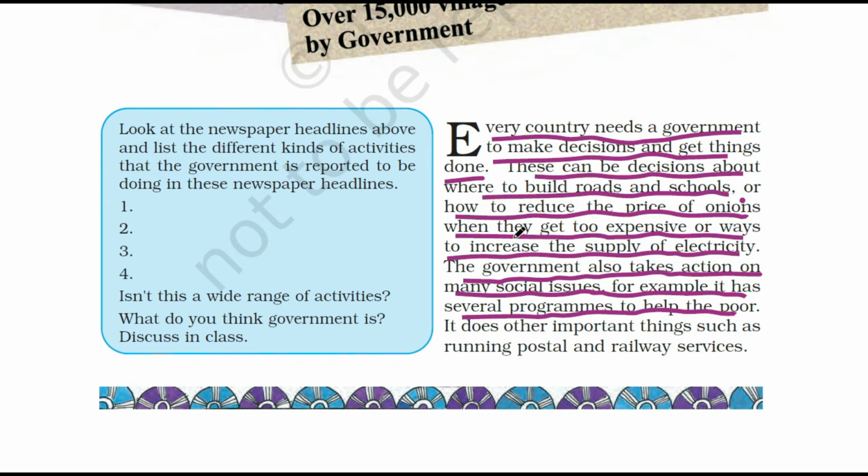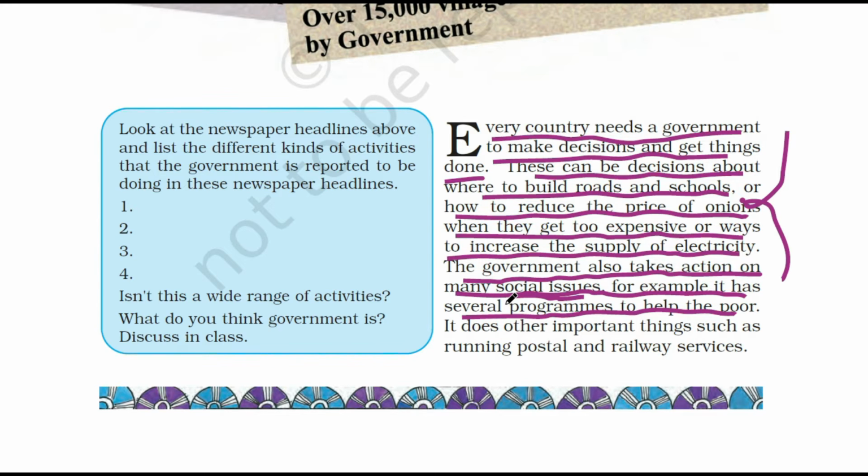So the government decides on key things like these: where to build roads and schools, how to reduce the price of onions when they get too expensive, how to increase the supply of electricity, and it also takes action on many social issues, as you can see over here.